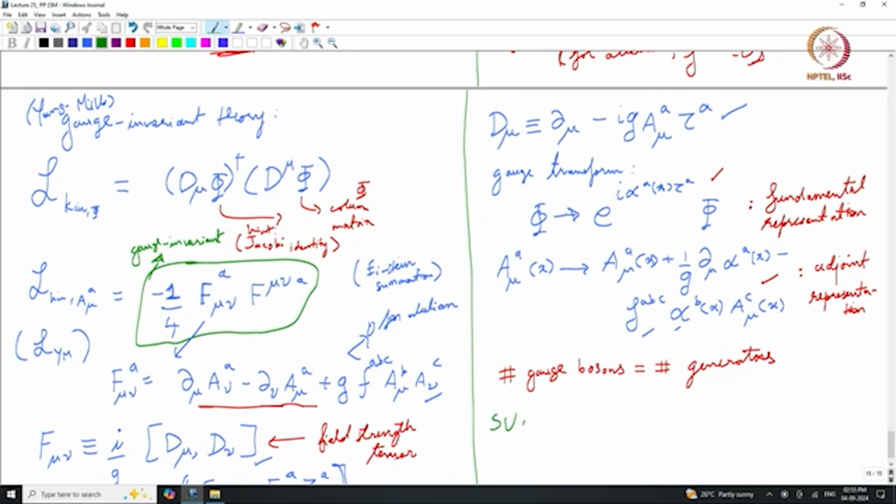Okay. Now for a unitary group, let's take an SU(N) group. How many generators are there? How can we work this out? Let me give you the answer. The number of generators is n square minus 1 for this SU(N). Why is that?